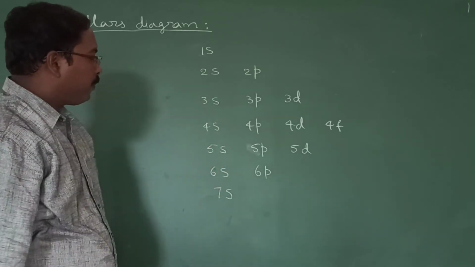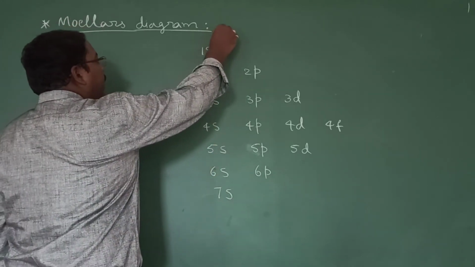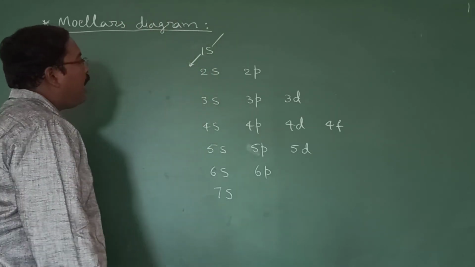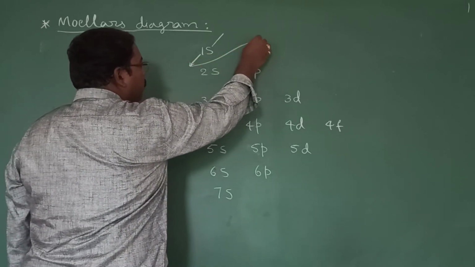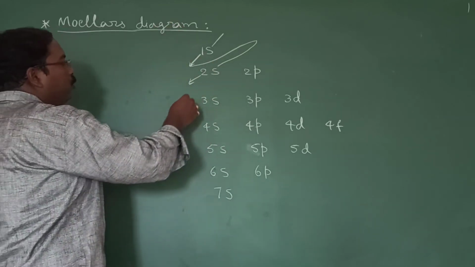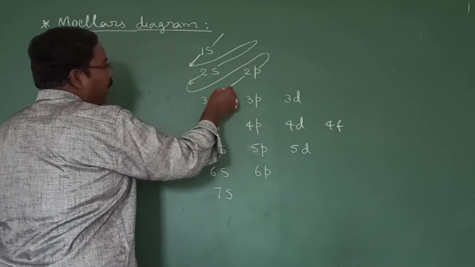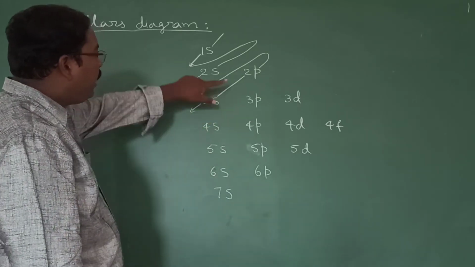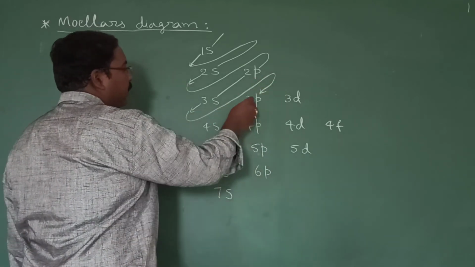7s. Okay? So according to Euler's diagram, the electrons first enter into the 1s orbital. After filling 1s, the electron goes to the 2s orbital. After filling 2s, the electron goes to 2p. Then the electron goes to the 3s orbital. After filling 3s, it goes to 3p.